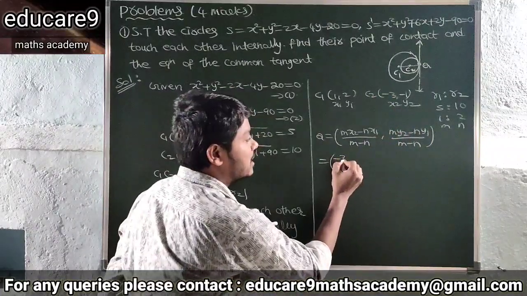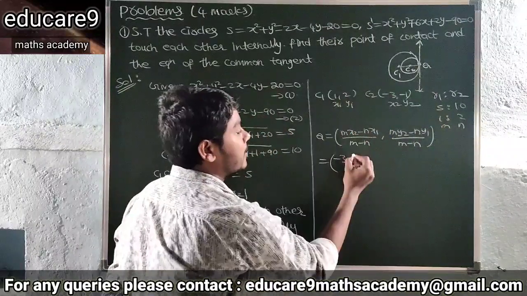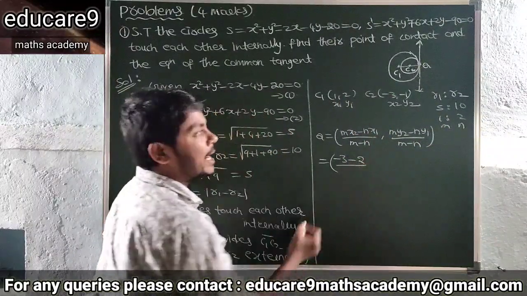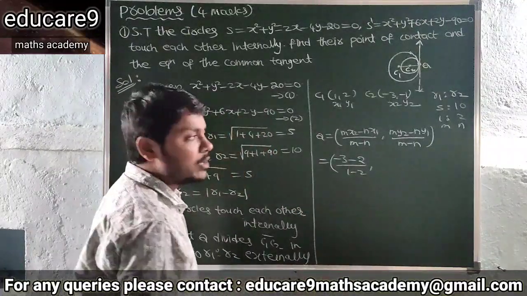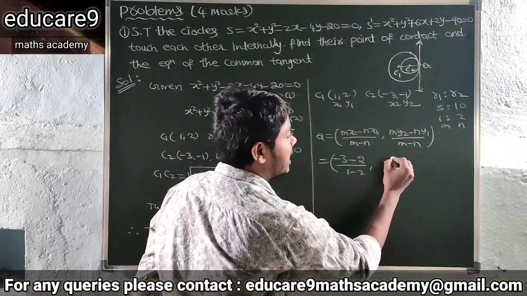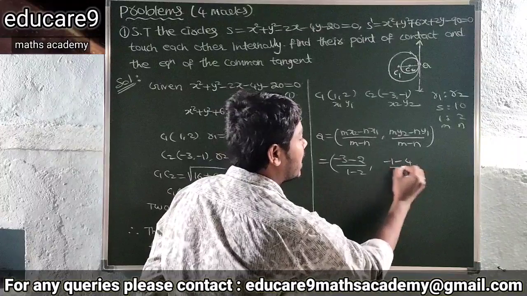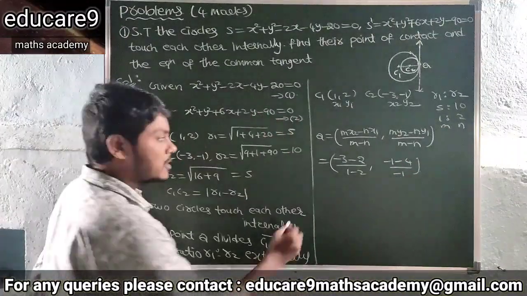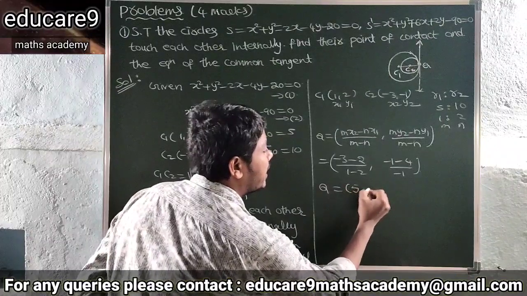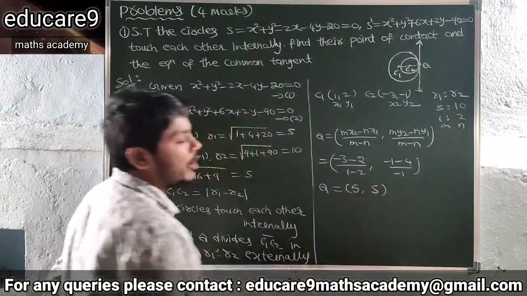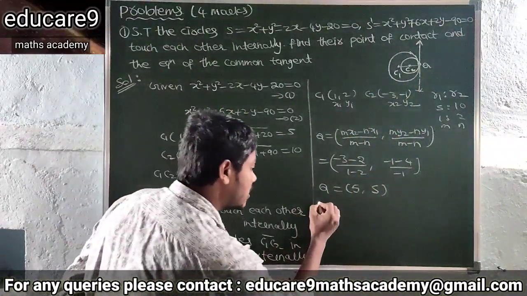You will get minus 3 minus nx1, that is 2 into 1, 2, divided by m minus n, that is 1 minus 2. Next my2, that is 1 into minus 1, minus 1, and minus ny1, 2 into 2, 4, by minus 1. So clearly Q is 5, 5. This is the point of contact.